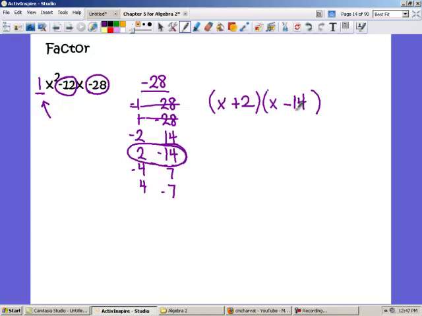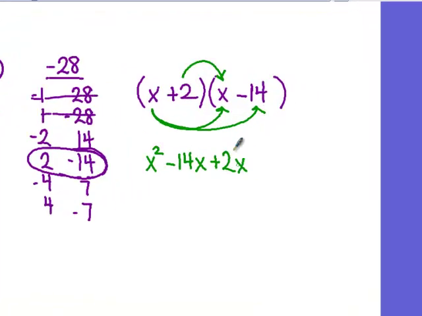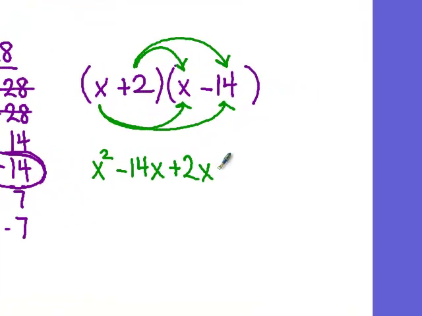Now if we wanted to, we could always go back through and check our work. So the FOIL method would be x times x, which is x squared, negative 14x, positive 2x, and negative 28. And when you add the like terms in the middle, we have negative 14 plus 2, which is negative 12.